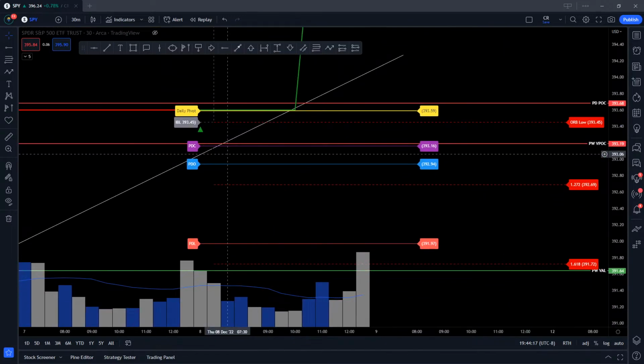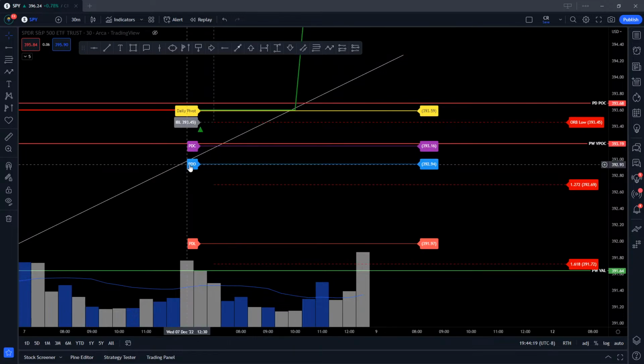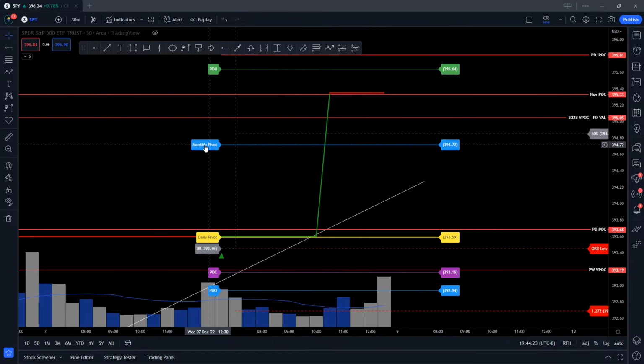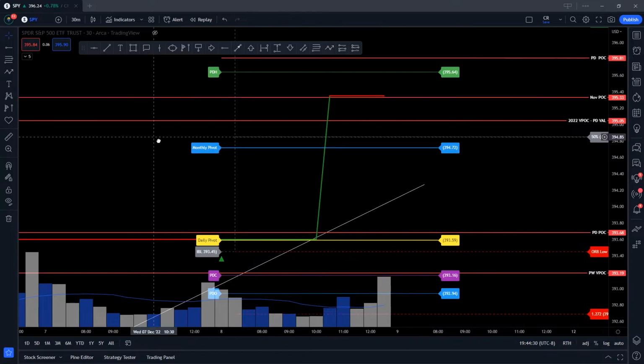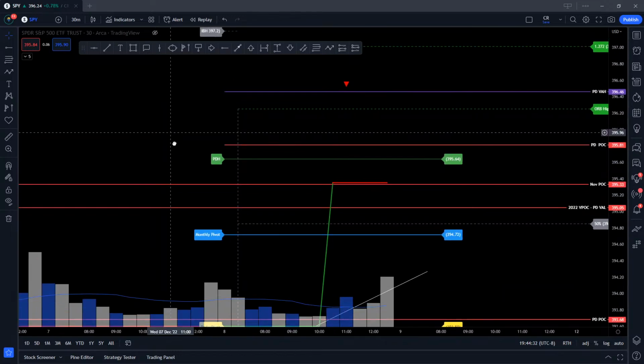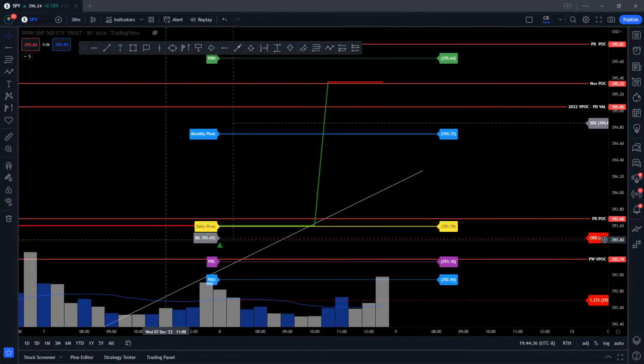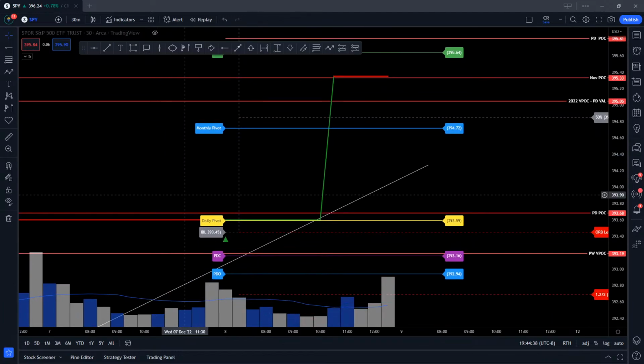Our previous day close, previous day open, previous day low. Monthly pivot is the same thing as a daily pivot, but it's the last 3 months divided by three, and then put on the chart. Previous day high.